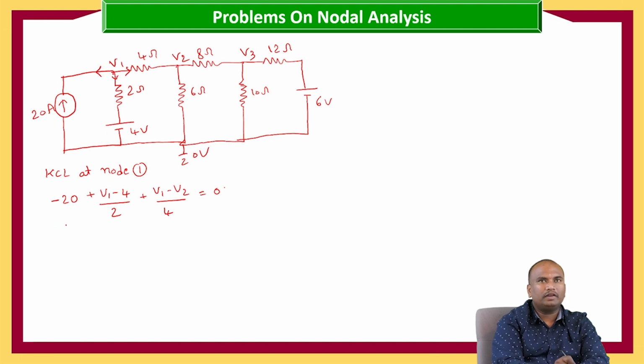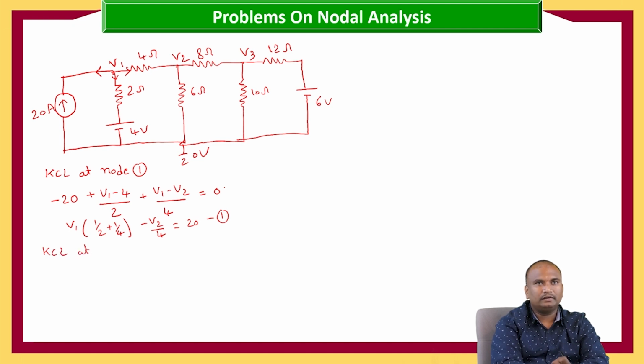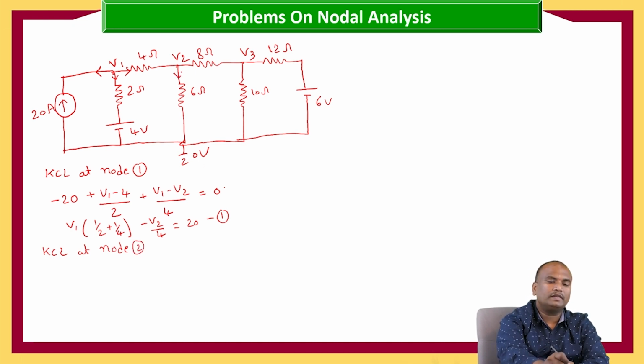Here, if we take V1 common, (1 by 2 plus 1 by 4) V1 minus V2 by 4 equals 20. This is our equation number 1. Now KCL at node 2. Here these are the currents which we need to write.